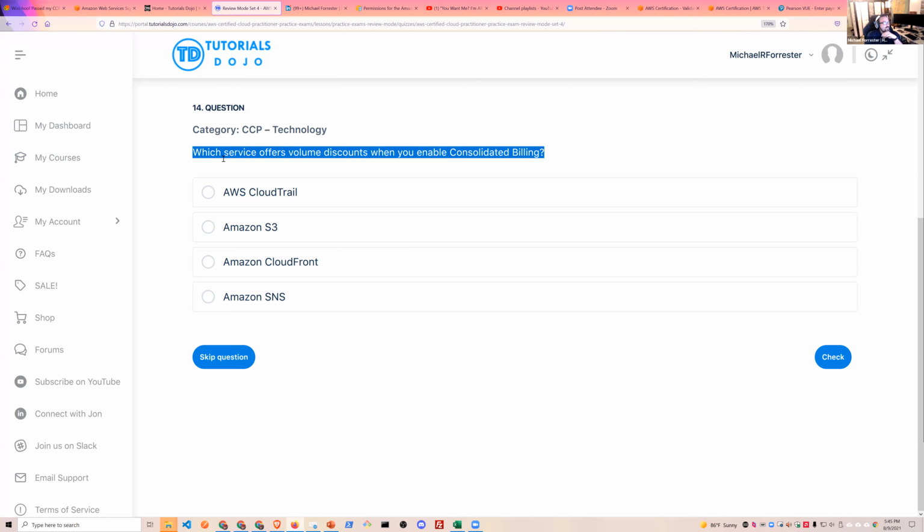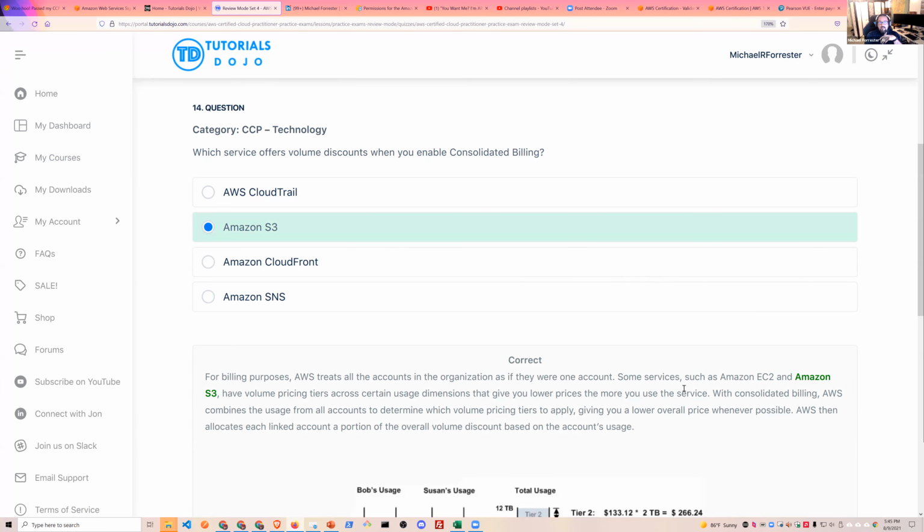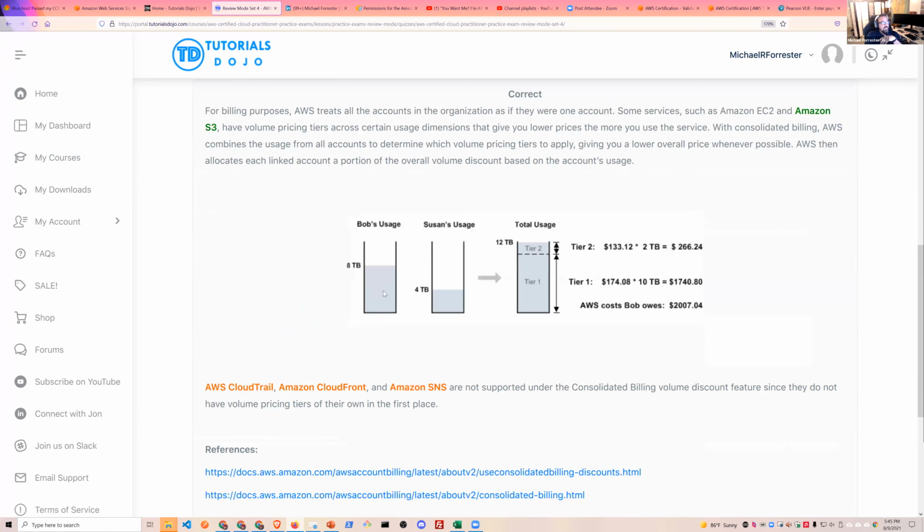Good. Seems like there's a consensus here that S3 is the service they're talking about, right? It's the one that gives you volume discounts. So take a look at this. 8 terabytes in one account, 4 terabytes in another account. If you do consolidated billing, all of that gets charged under one bill. So that 4 and 8 combine to be 12 terabytes of total usage instead of 2 separate bills of 4 and 8 respectively. You get one bill of 12.